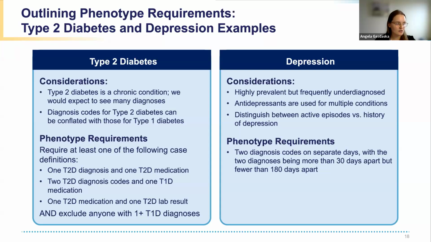And then, of course, something to note is that we also made sure to exclude participants that had any type 1 diagnoses. So exclusions are also something important to consider as you're building your phenotypes out.